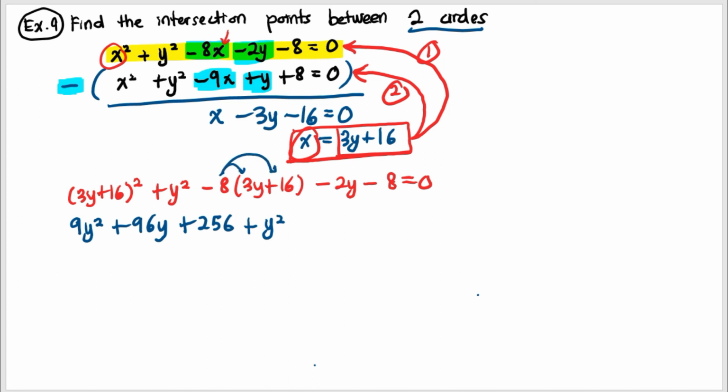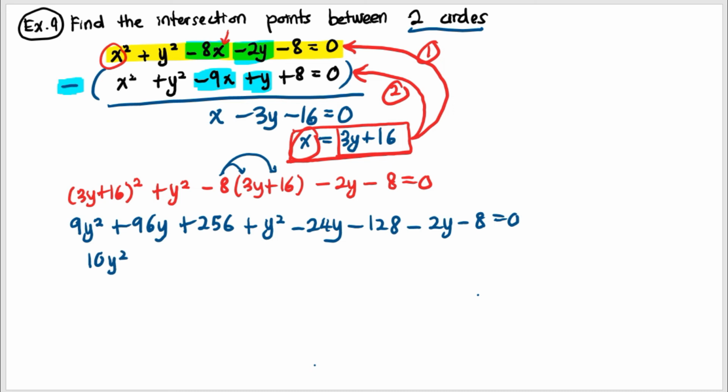Now I'm going to expand this part. I'll have minus 24y, and I have minus 128. I have minus 2y minus 8, which is equal to 0. Now I'm going to collect those y squared together. So I have 10y squared.